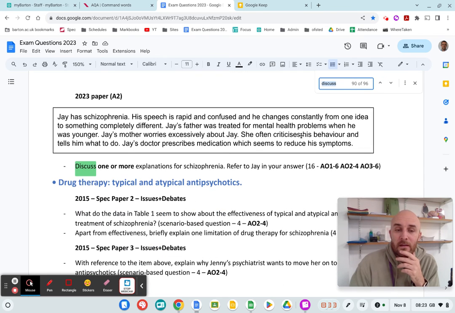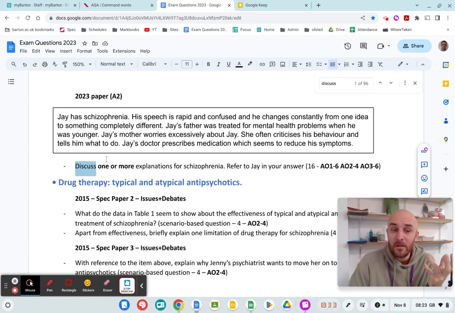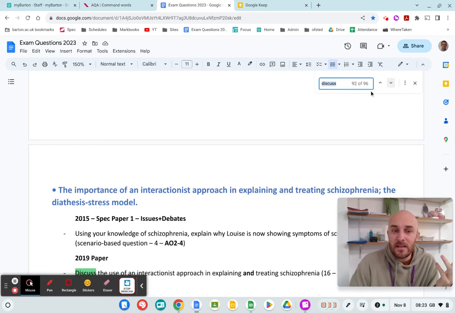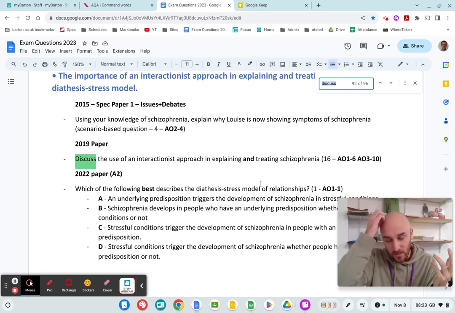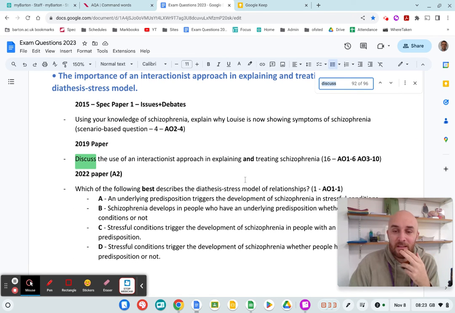So we've got one here, for example. It's a big thing about Jay. His dad had schizophrenia. His mum worries excessively. And the question is, discuss. Again, see that as describe and evaluate, because the describe is the AO1, the evaluate is the AO3. Discuss one or more explanations for schizophrenia, refer to Jay. That's describe and evaluate, essentially. Same thing here: discuss the use of an interactionist approach in explaining and treating schizophrenia.